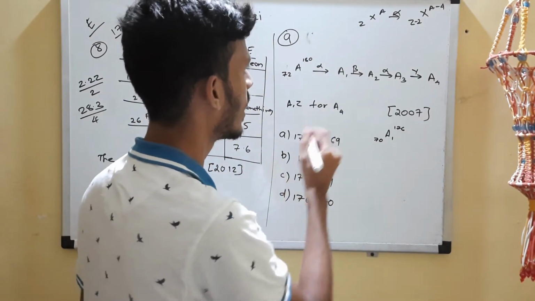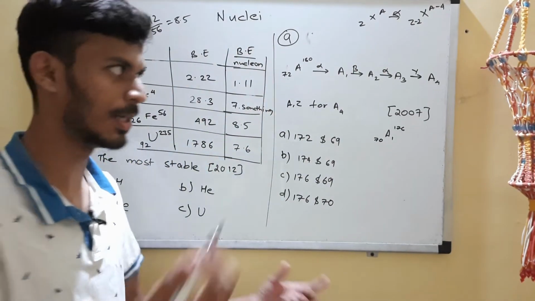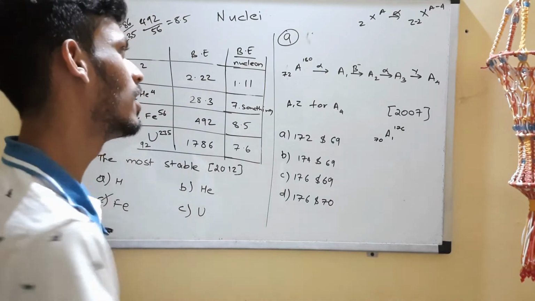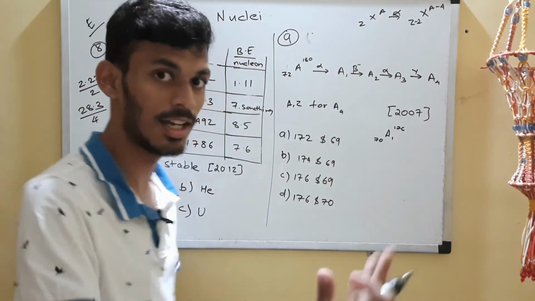Now you have beta decay. Since it is not mentioned, the beta decay that you are supposed to undertake is beta minus, the more common one. So if it's not mentioned, consider beta minus.